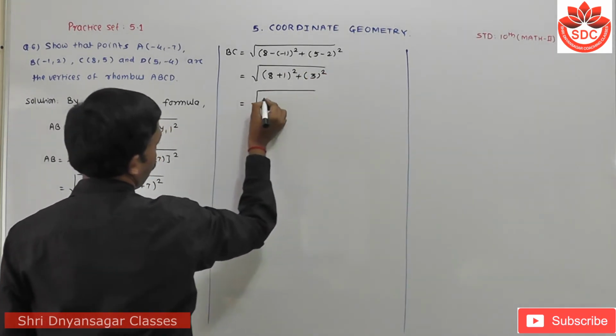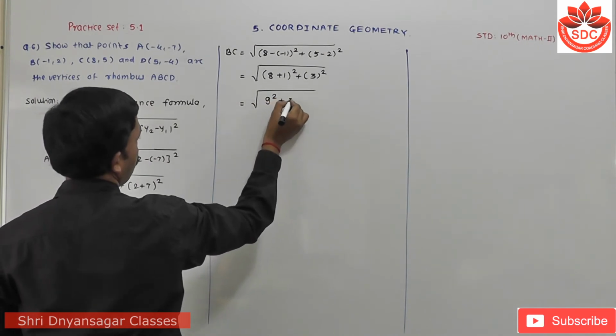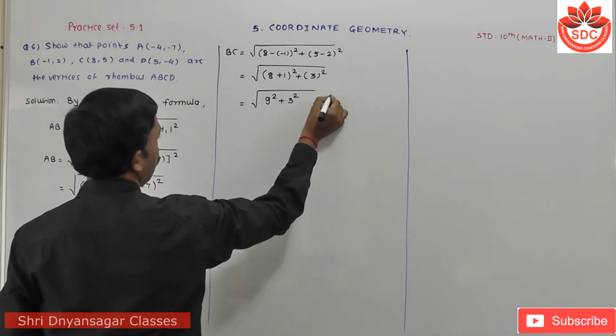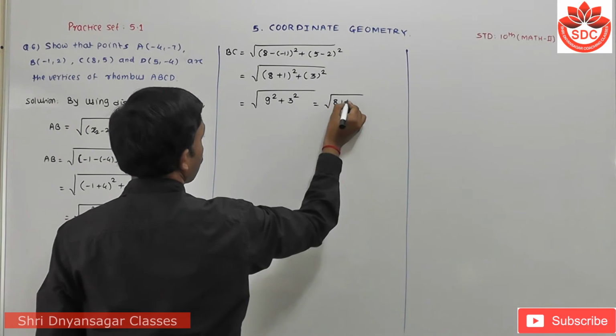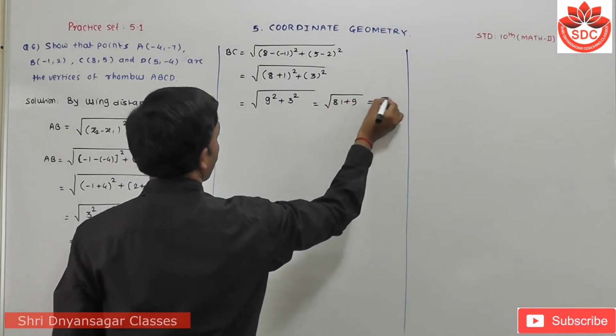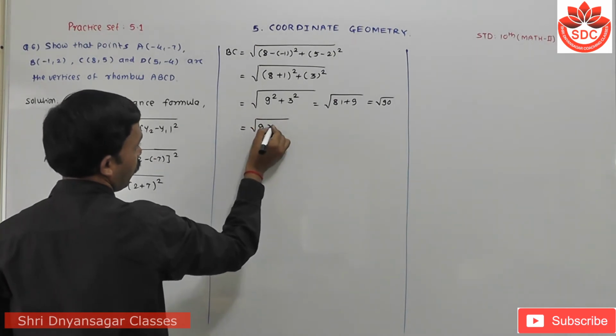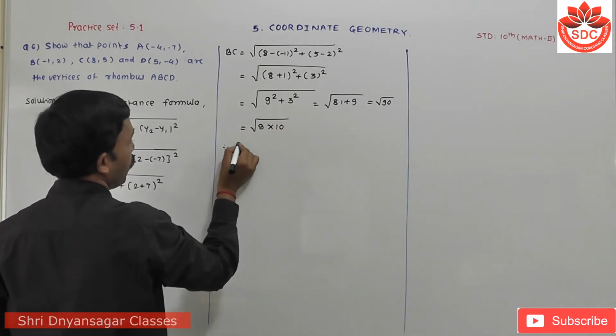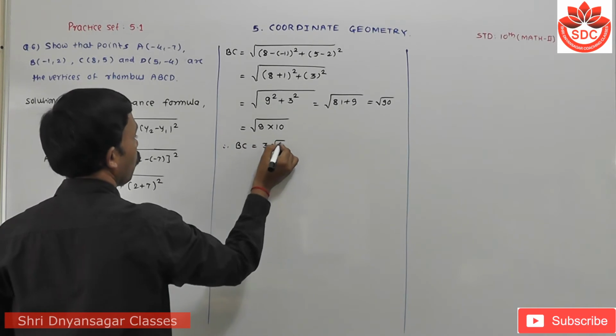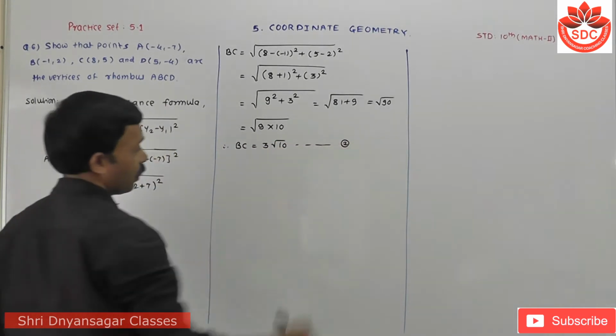This is 9 square plus 3 square. That means again it is 81 plus 9, which is root of 90. Again we have to factorize this. 90 is 9 into 10. Therefore BC is equal to 3 root 10. This is suppose equation number 2.